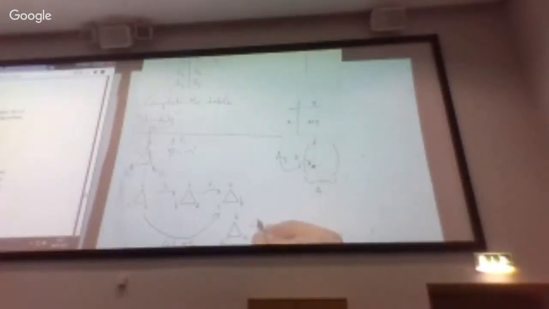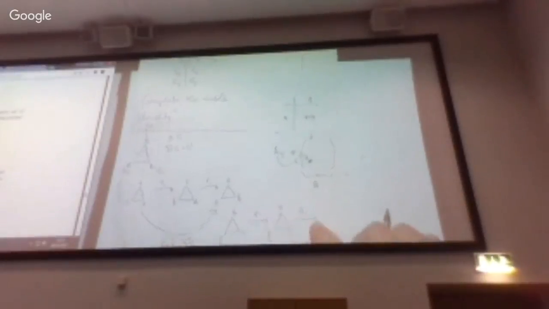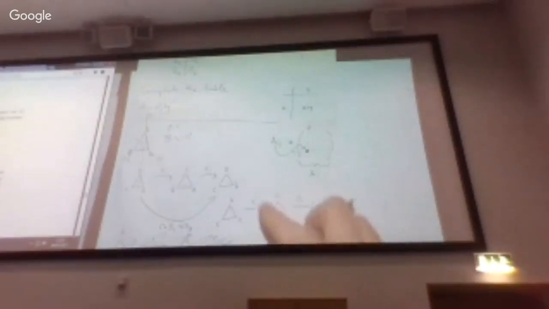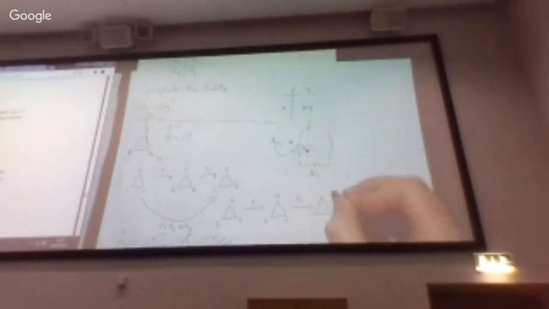Here's my starting triangle. I first rotate, and then perform S1. Remember, S1 is reflection in this axis here. So reflecting in this axis here to the triangle, C remains where it is, and A and B are swapped.